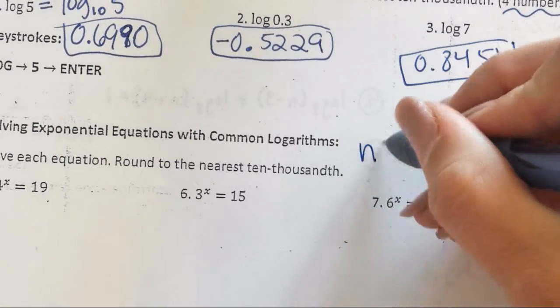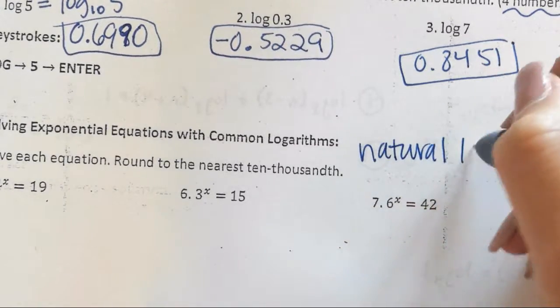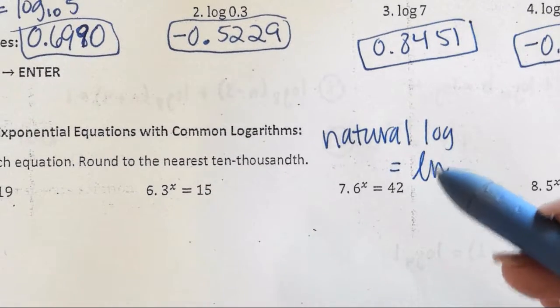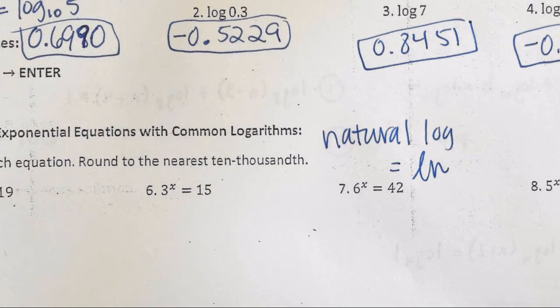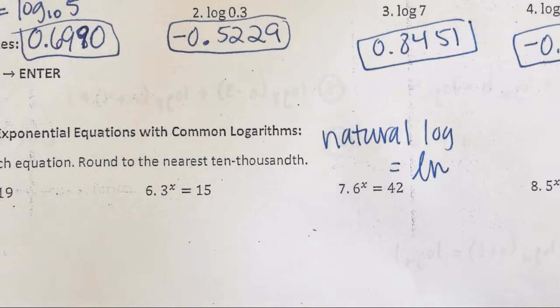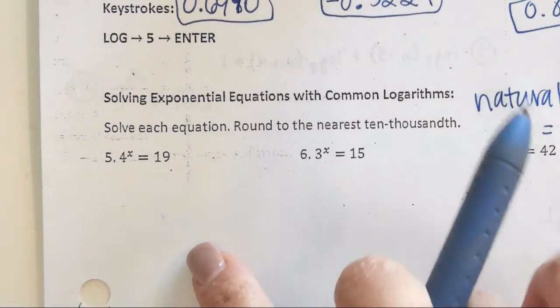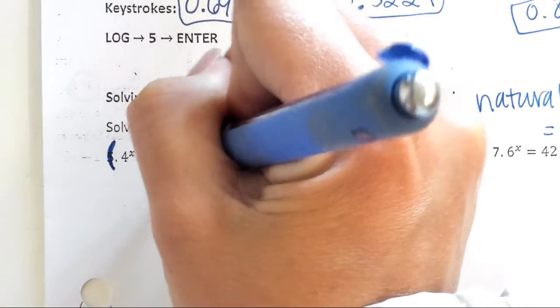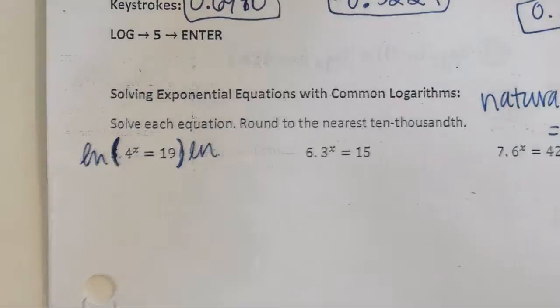The natural log is written as ln. If you've seen that button in your calculator, that's what it stands for, natural log. In order for us to get x out of the exponent, because that's what we're trying to solve for, you have to start by taking the ln of both sides. And here's why.